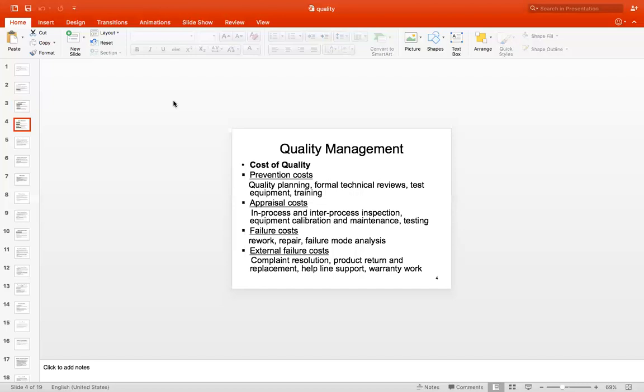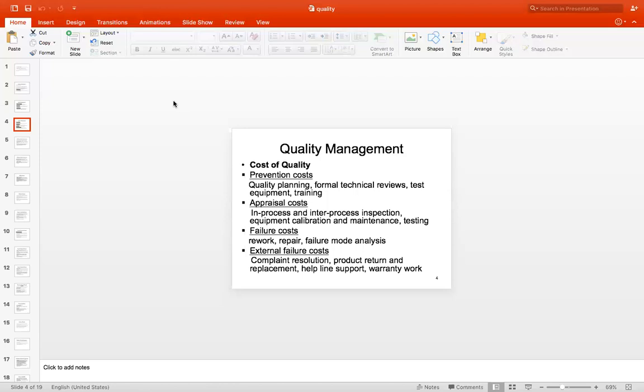So there the quality is assured, right? Next one, cost of quality. So the cost of quality is achieved by taking into consideration all these things: prevention cost, appraisal cost, failure cost, and external failure cost.